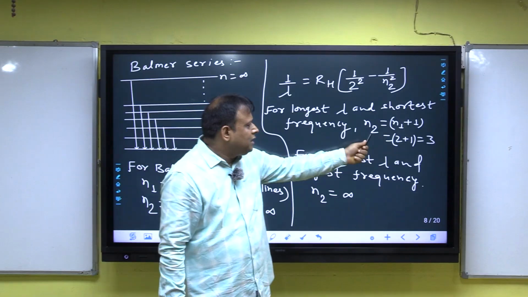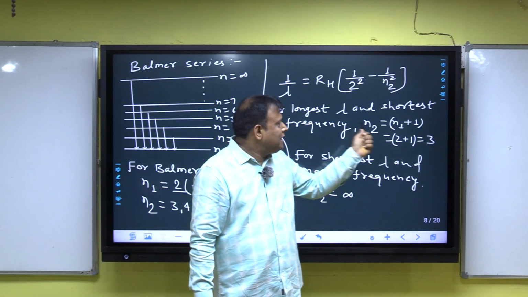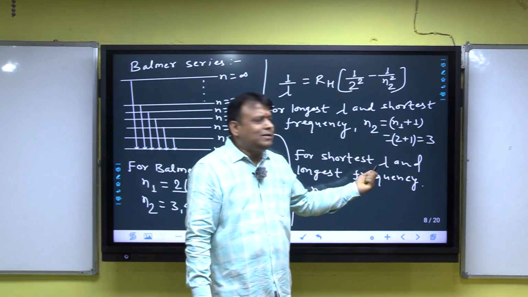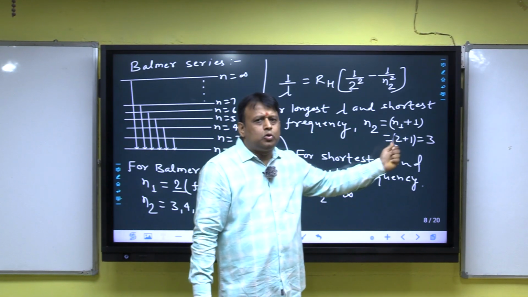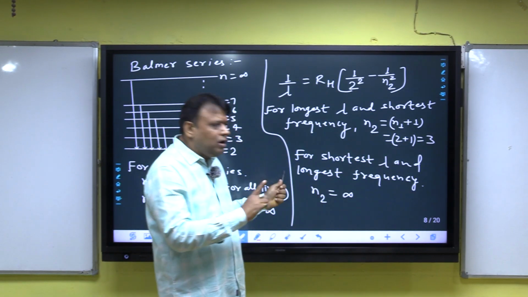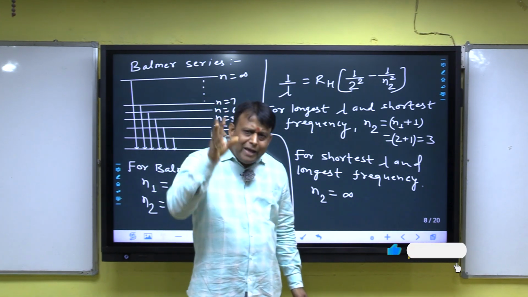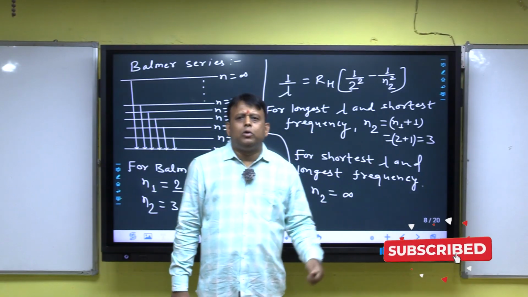In Balmer series, n1 is 2, and hence for longest lambda, shortest frequency, n2 is equal to 2 plus 1, which is 3, and for shortest lambda and longest frequency for any series, n2 is equal to infinity.